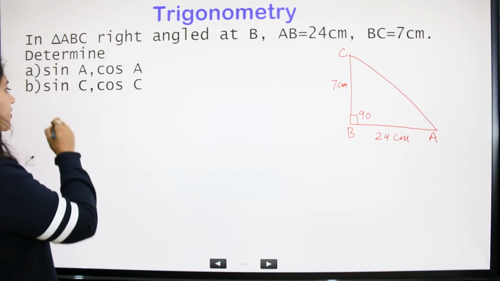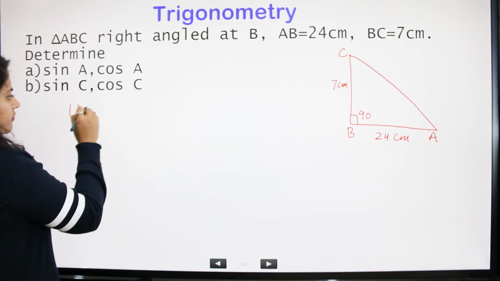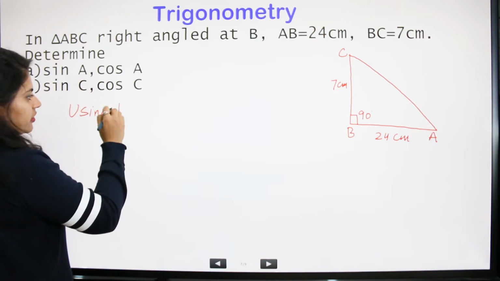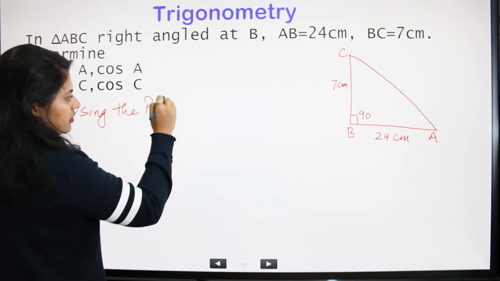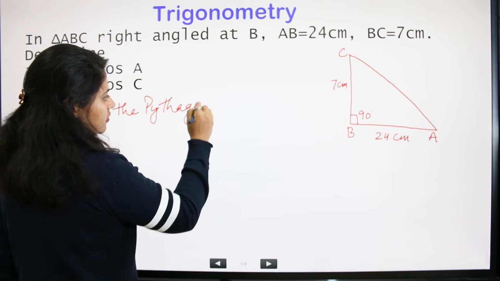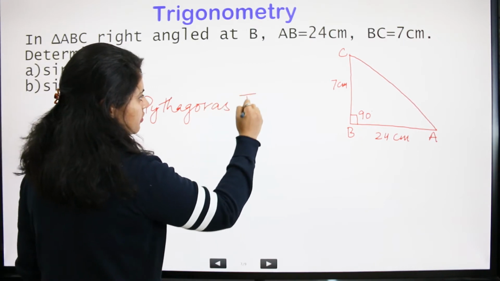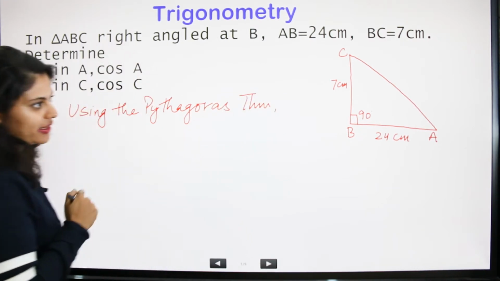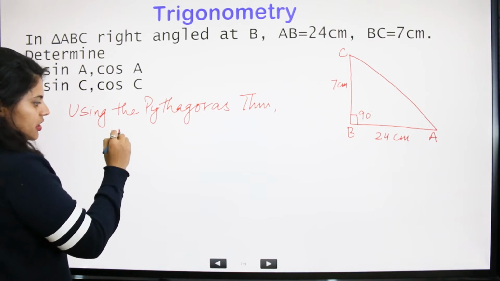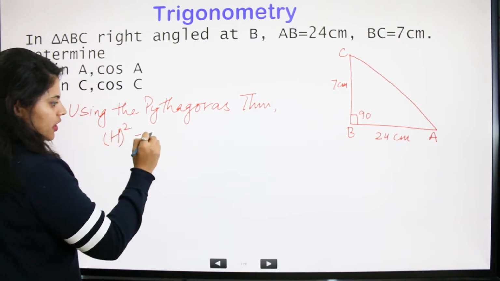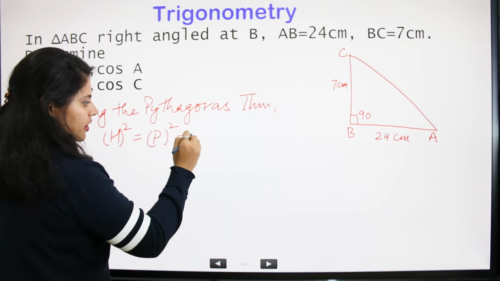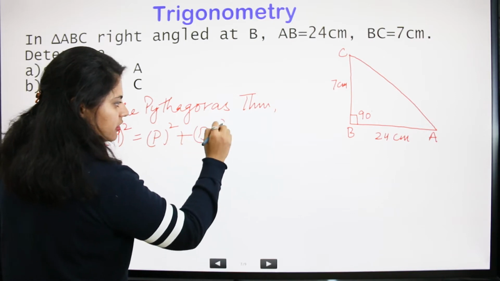So we can write using the Pythagoras theorem. Hypotenuse square is equal to perpendicular square plus base square.